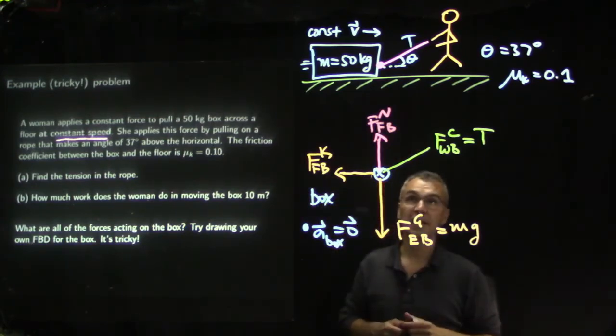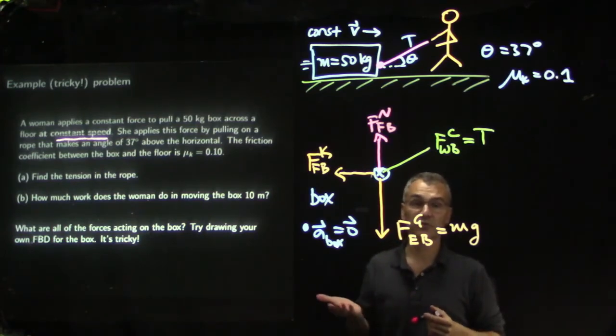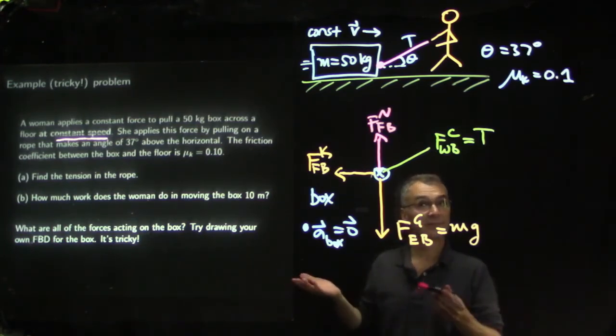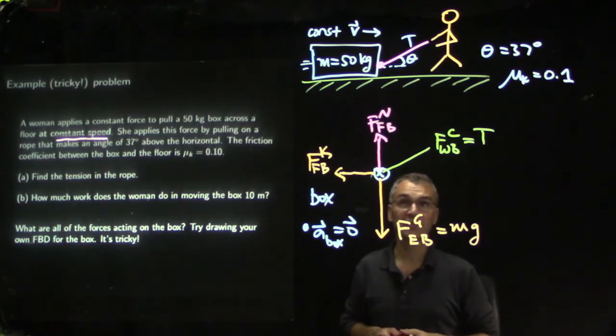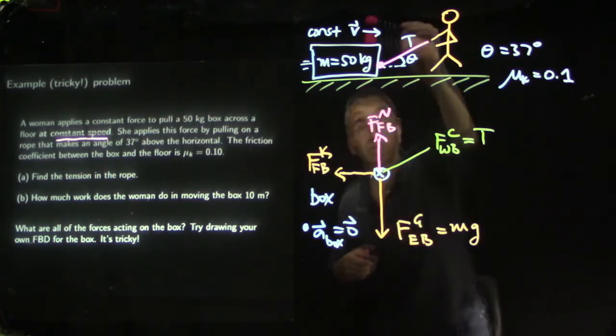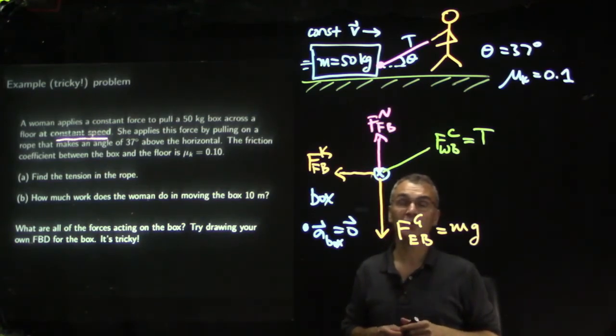Now, in past problems on a horizontal surface, we just said the normal force equals mg. And then on our inclines, we usually said the normal force is mg cosine theta. But remember, the normal force is whatever is needed to prevent the box from bouncing up and down this way. So we don't know yet what the normal force needs to be.